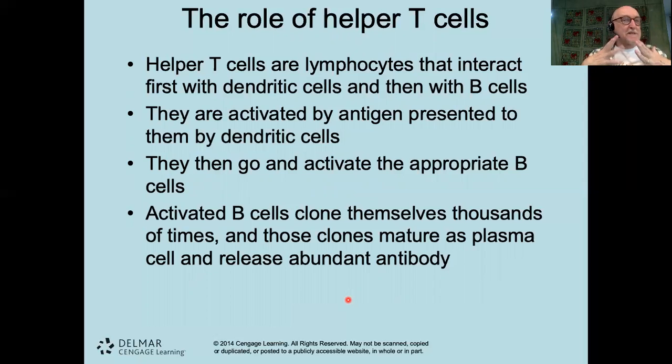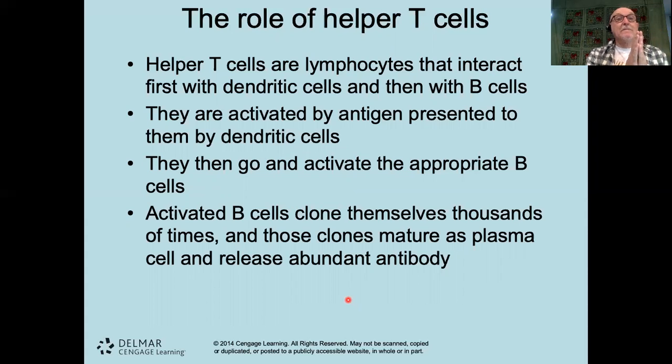They are also very specific to one particular antigen, and they become activated and they begin examining all the B cells in the lymph node until they find a matching B cell. And they then activate that B cell.